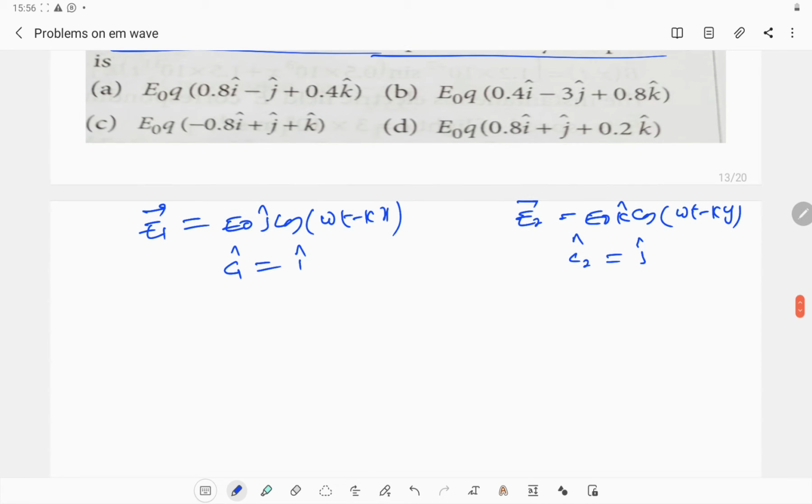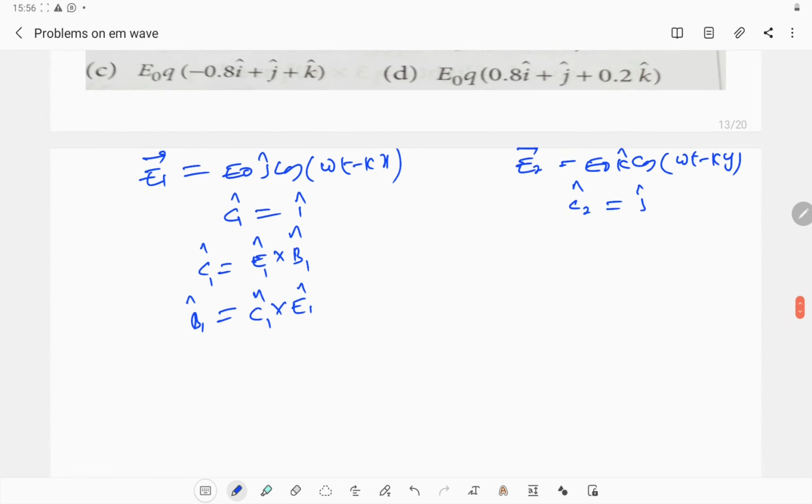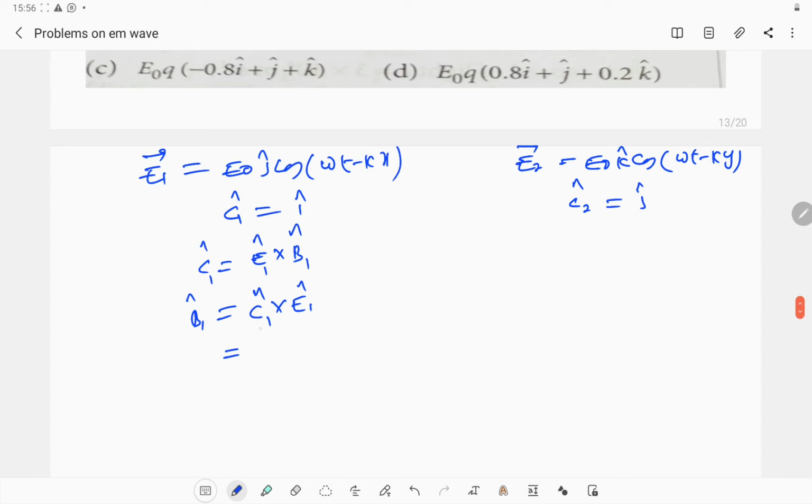See here, c cap is equal to e cap cross b cap, means c1 cap, e1 cap, b1 cap. But you have to find out b1 cap. b1 cap is equal to c1 cap cross e1 cap. c1 cap is I cap, e1 cap is j cap.